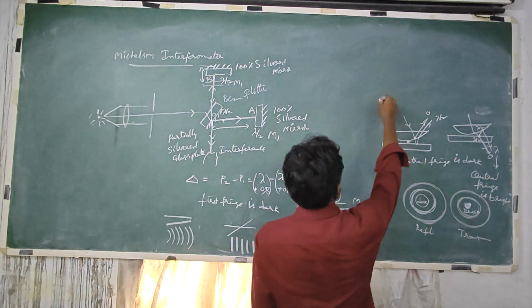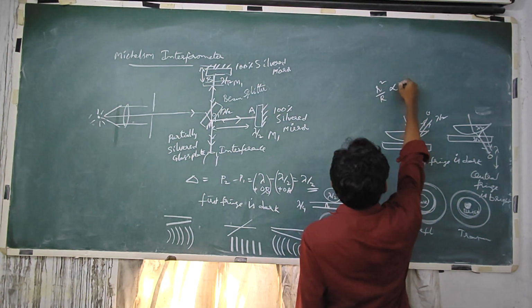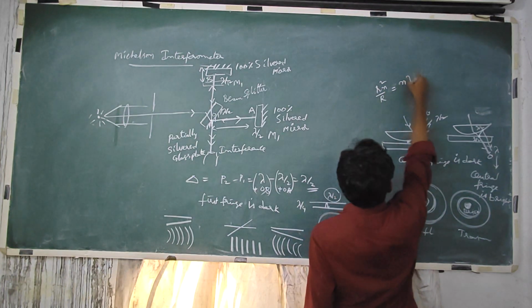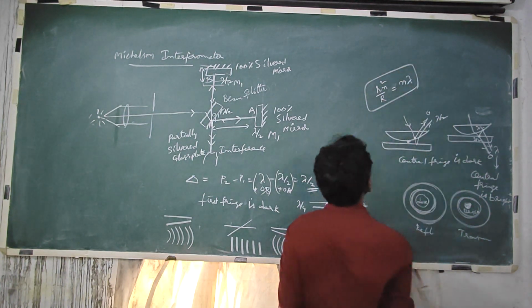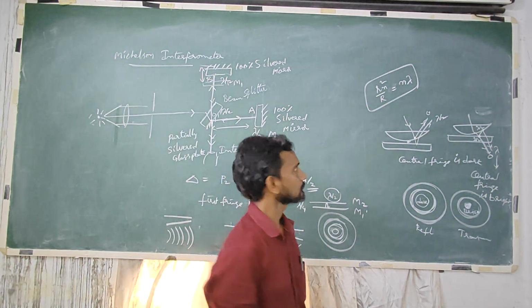The last observation in Newton rings is this: Rn square by r is equal to n lambda. So area of each ring is constant.